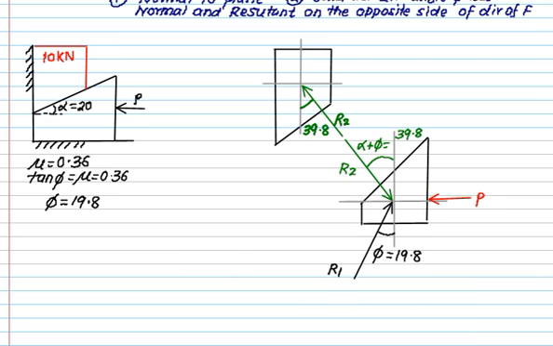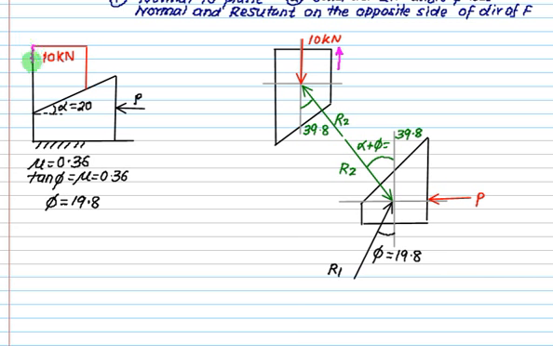The weight of the block will act vertically downward, passing through center of gravity, 10 kilonewton. If this wedge moves to this side, the block will move upward. So the motion of the block will be upward. Now check this surface.